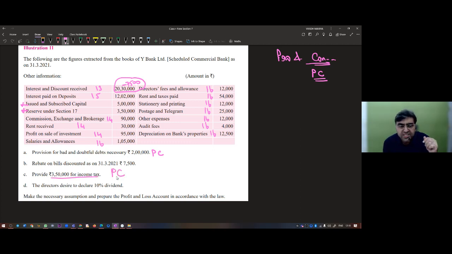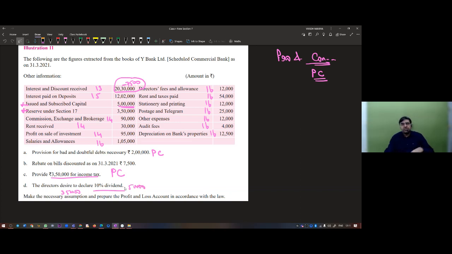Provisions and contingencies. And the dividend is going to be 10%, and transfer to statutory reserve is 3,50,000. And the dividend is 50,000.